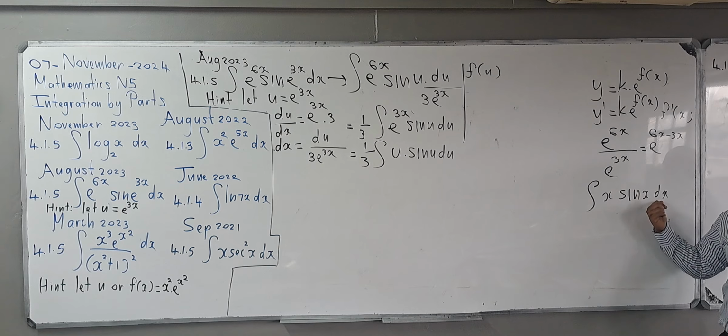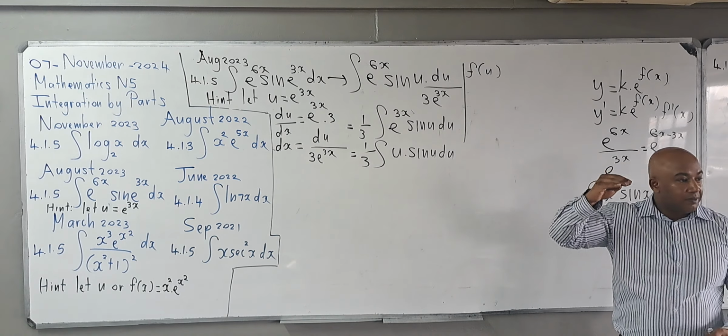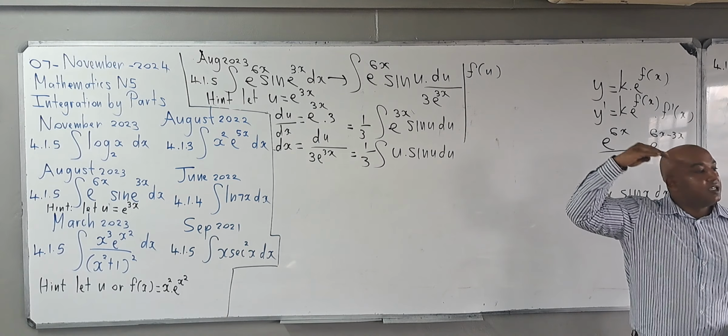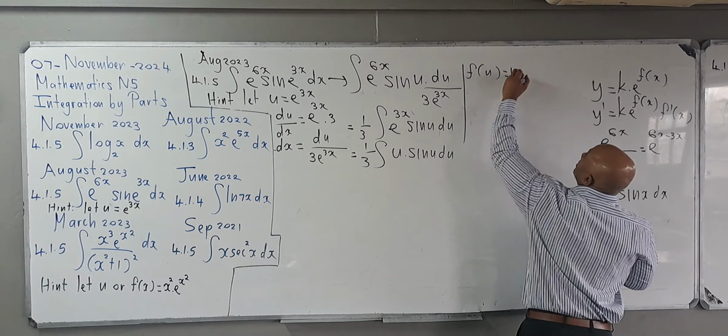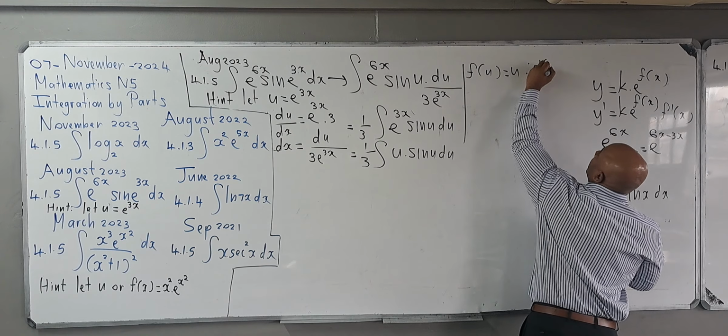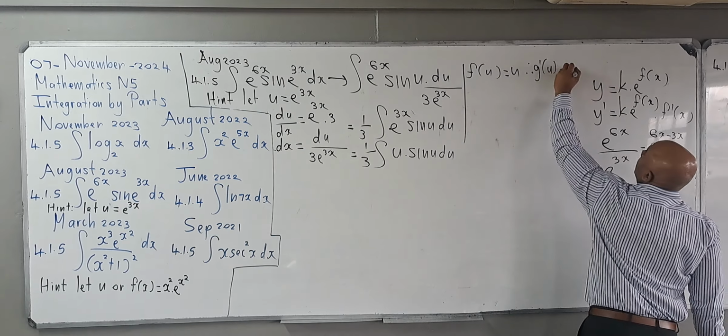Sine u is like sine x, number 5 on the priority list. Which comes first? X comes first. In this case, it is u. So f of u will equal u. Therefore, g prime u, the other one, will be sine of u.